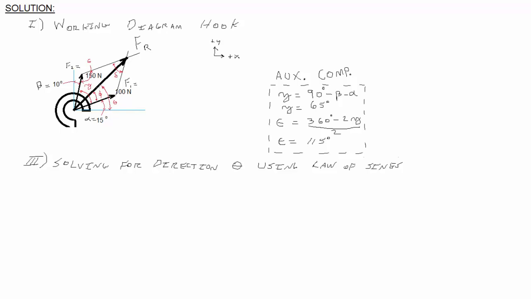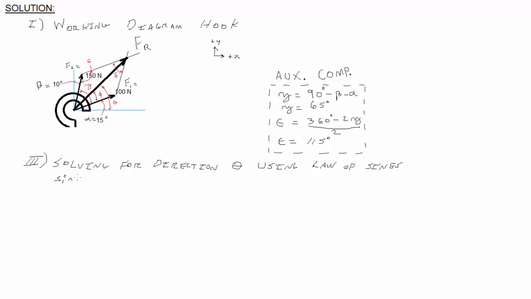That is how you're required to report all answers in statics with respect to the x-axis. However, I can't actually solve for that directly. What I'm instead going to first do is solve for this little angle phi here, and then theta is phi plus alpha.